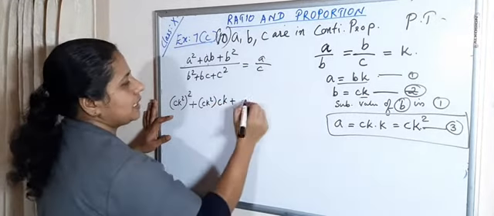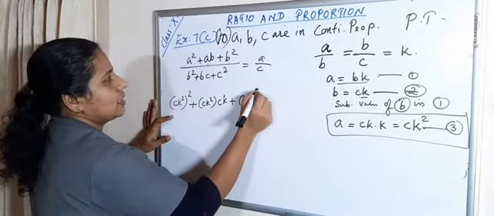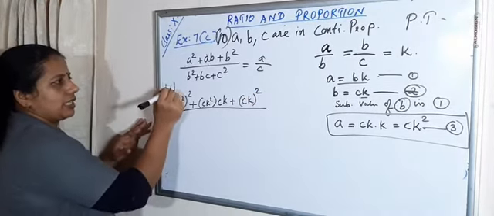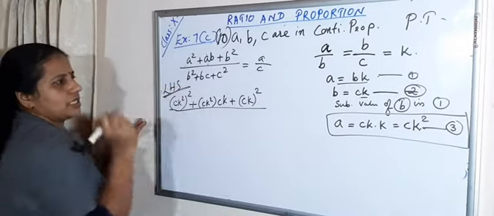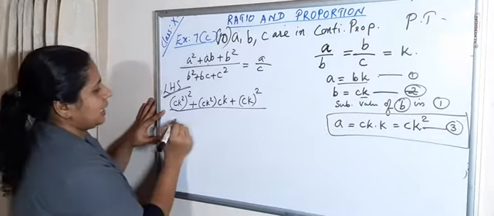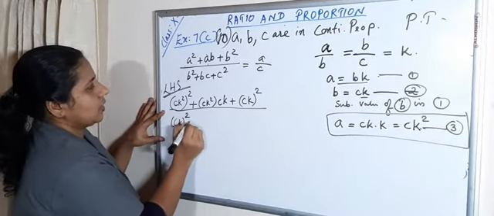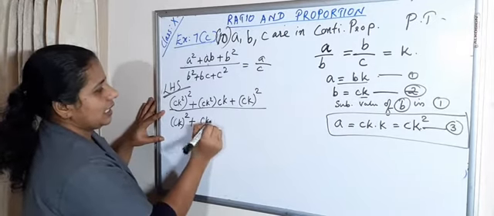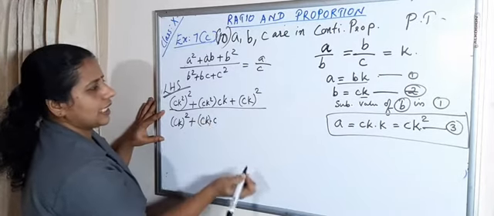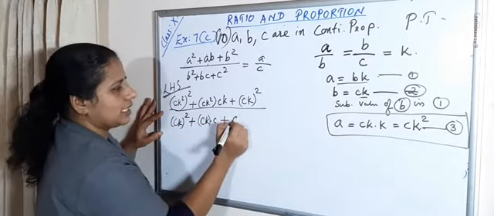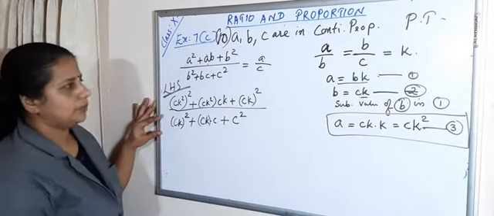b square means (ck)² divided by, I am taking the LHS part first, okay? LHS part first, then b square means (ck)² plus bc, ck into c, plus c square, write c square itself, okay?